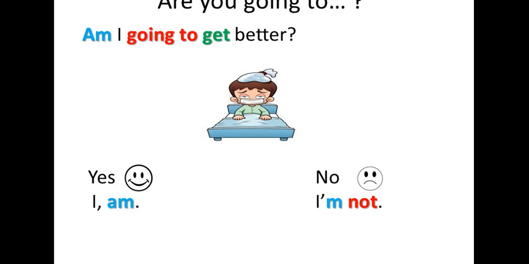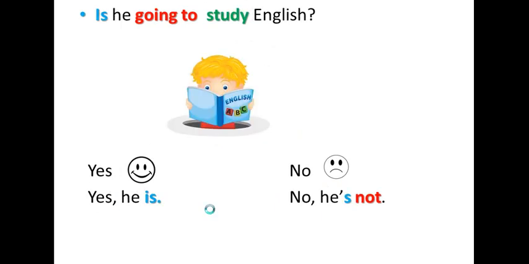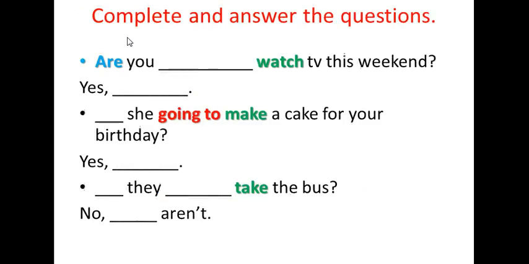Or no, I'm not. You write not to make the answer negative. Here there is another example. Is he going to study English? So yes, he is, or no, he's not.